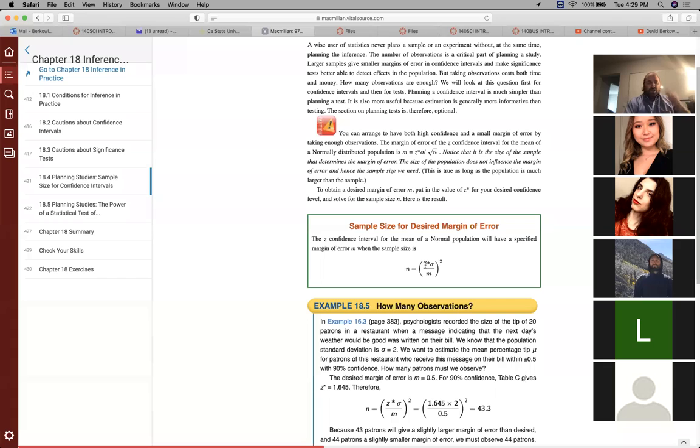You take your z star, the same z star that we've been using before, multiply it by sigma, divide by the margin of error, 0.1, 0.01, whatever it is, square it, and you get a number. Unless magically you land on a perfect integer, which is nigh on impossible, you round up to the nearest integer.